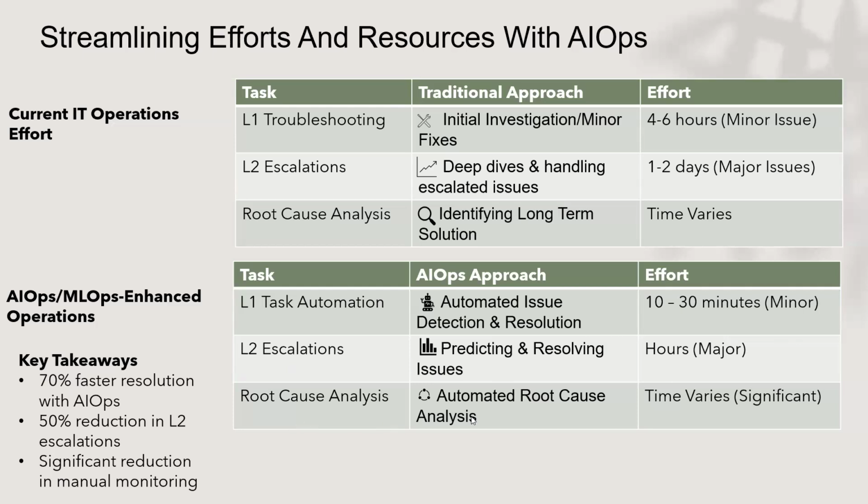Root cause analysis, automated root cause analysis, time varies, and this is significant improvement over the traditional approach. Key takeaways here are 70% faster resolution with AI ops, 50% reduction in L2 escalations, and significant reduction in manual monitoring.